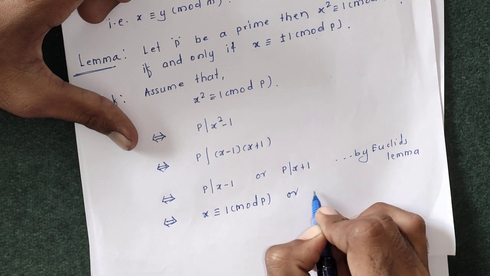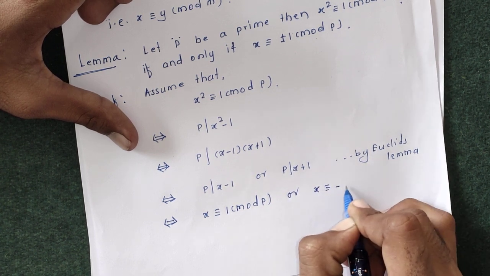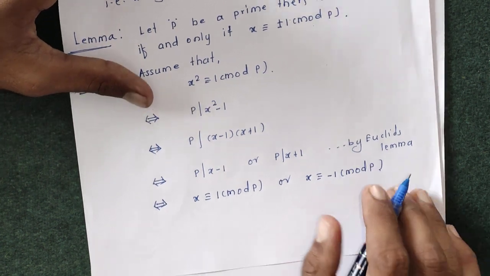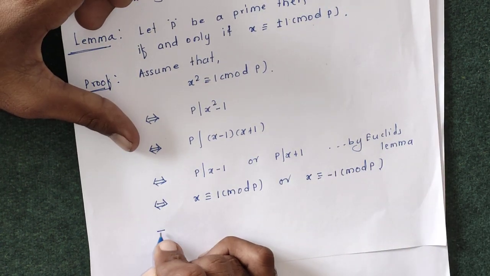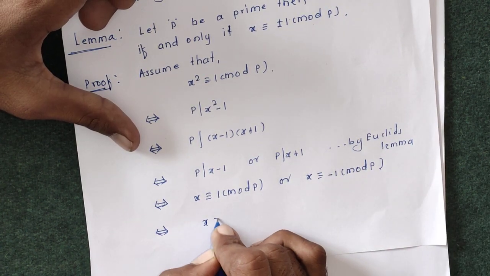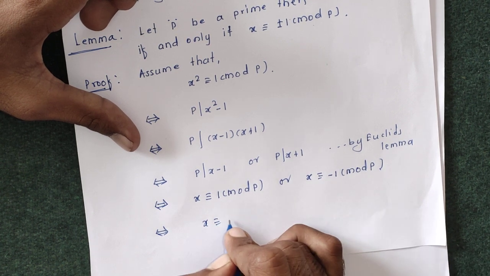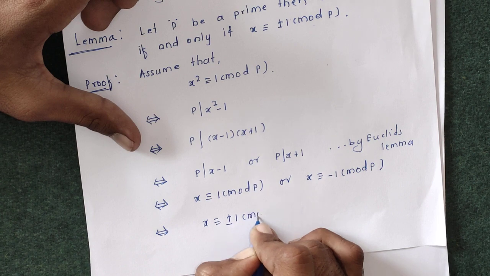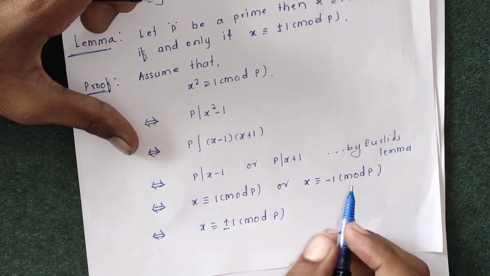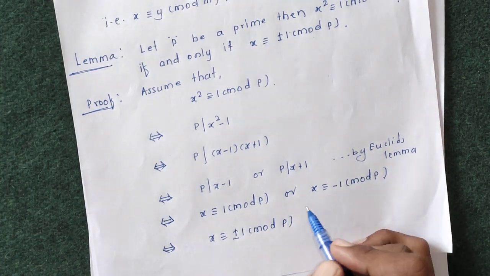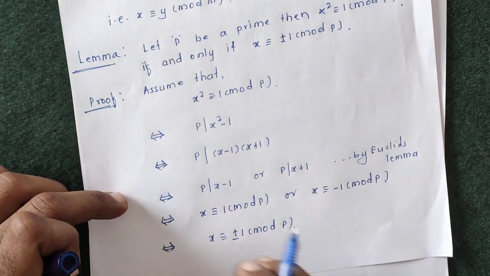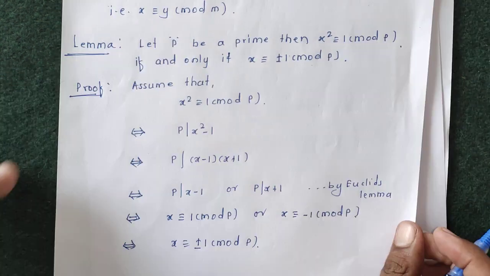Combining these two, x is congruent to either plus 1 modulo p or minus 1 mod p. Hence the proof of this lemma.